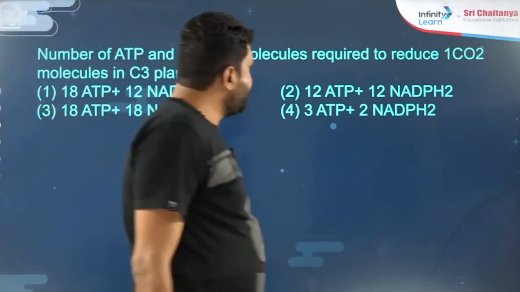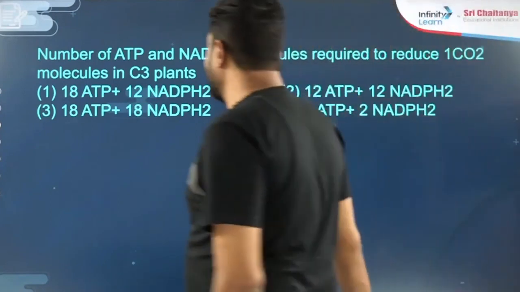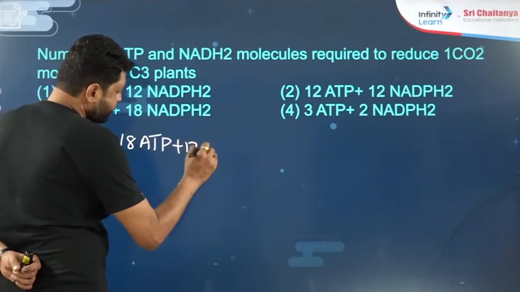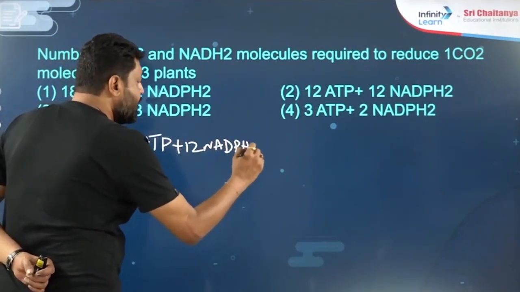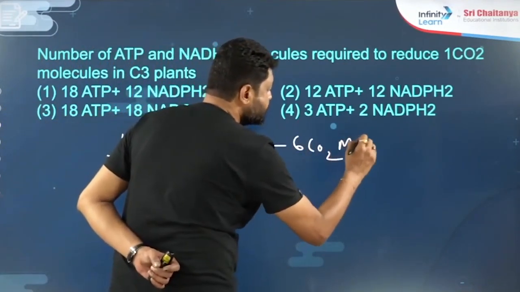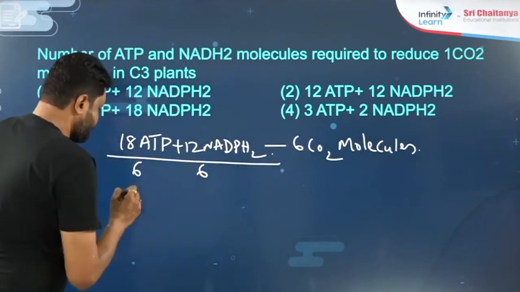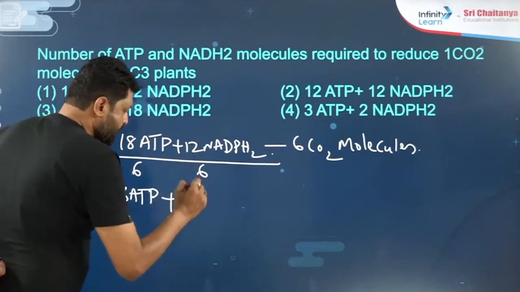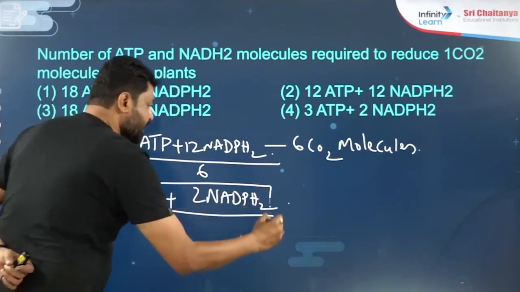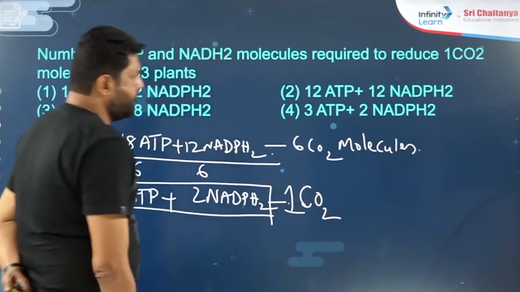Number of ATP and NADPH2 required to reduce one CO2 molecule in a C3 plant. Just now I discussed that 18 ATP plus 12 NADPH2 is required for the reduction of 6 CO2 molecules. Then divide by 6 and by 6. So 3 ATP plus 2 NADPH2 are required for the reduction of 1 CO2 molecule in the dark reaction.